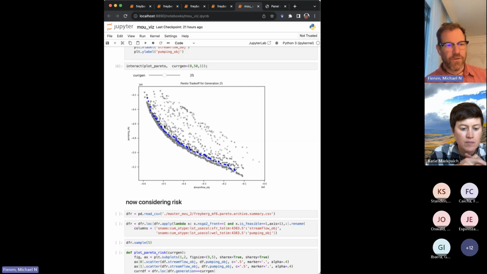If you increase pumping, that means you're going down on this axis, and you're decreasing the amount of water going to the stream, which means you're going up on this axis. That's this smooth trade-off function. But you could hit a point where the stream goes dry, and then this becomes flat and just goes off into infinity. Or in some cases, it could change in a different way.